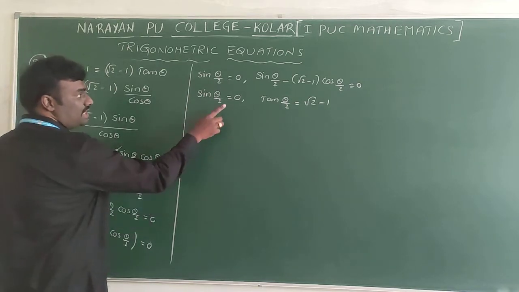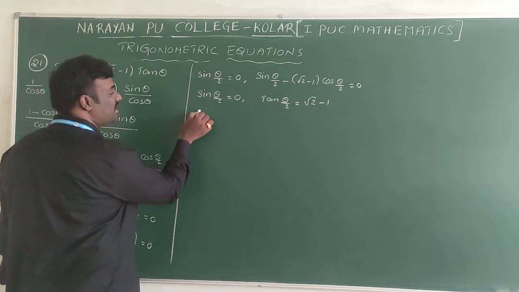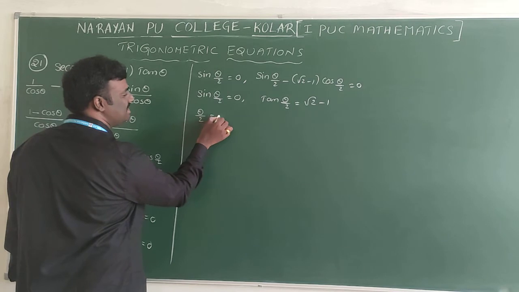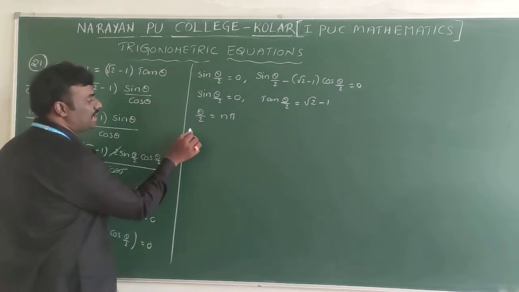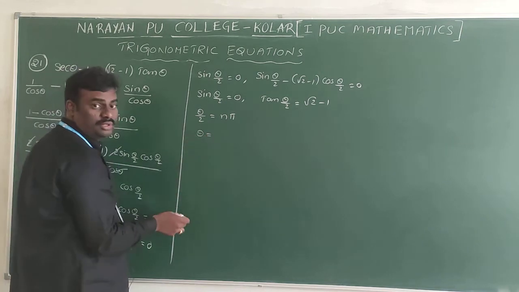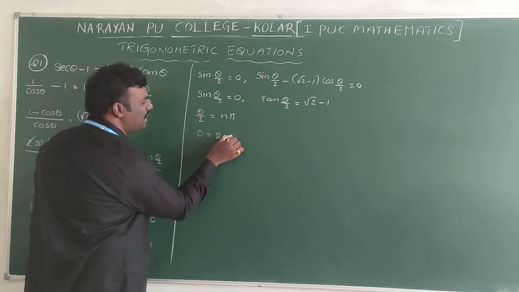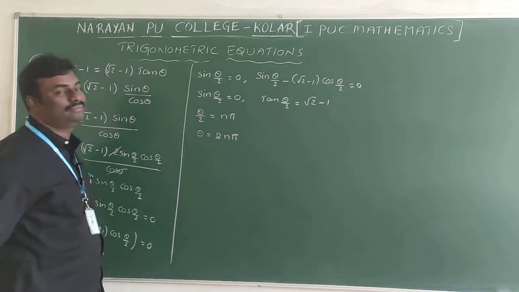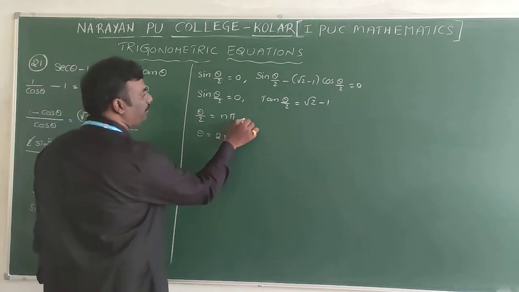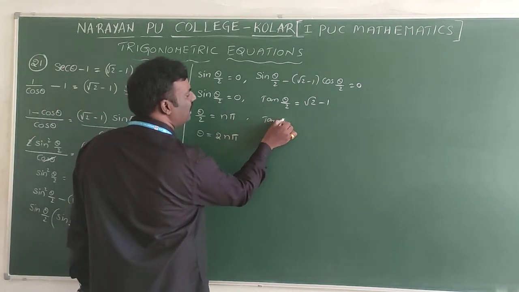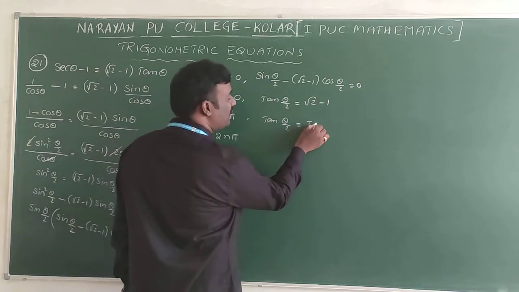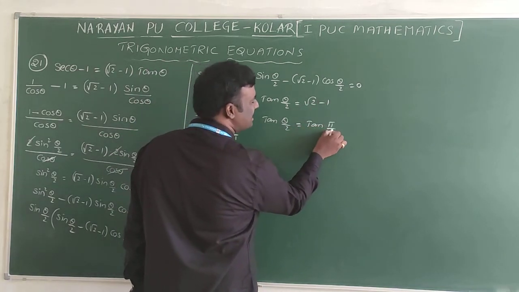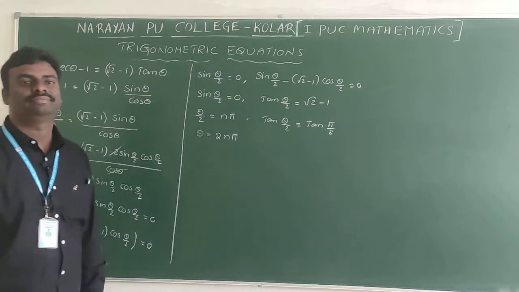Now, if sine theta by 2 equals 0, then the general solution is theta by 2 is equal to n pi. From this we can write theta is equal to 2n pi, where n belongs to Z. Here, tan theta by 2 is equal to root 2 minus 1, which is the value for tan of pi by 8, that is nothing but 22.5 degrees.